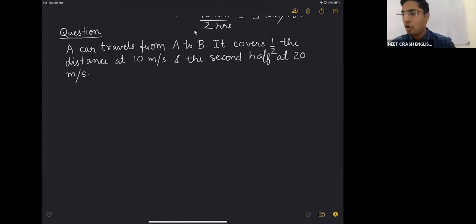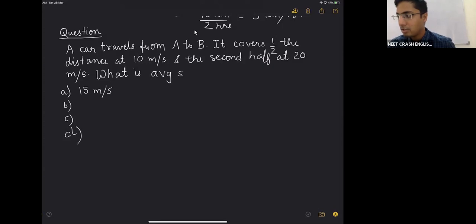What is the average velocity? I'm first going to write the options because otherwise all of you start guessing immediately. Option 1 is 15 meters per second.